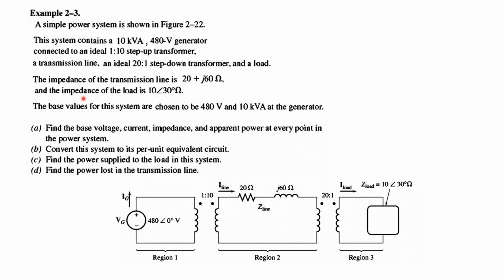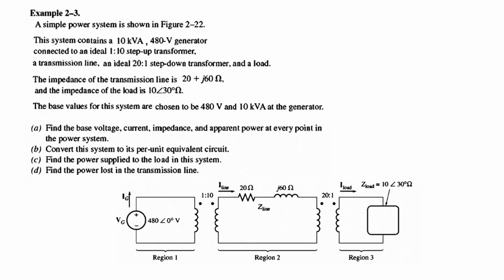And the impedance of the load is 10 angle 30. Now the base values for this system are chosen to be, as we mentioned, voltage and power. So 480 volts of the generator and 10 kVA of the generator are taken as the base values.